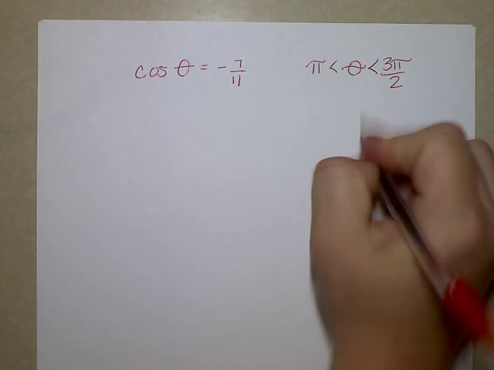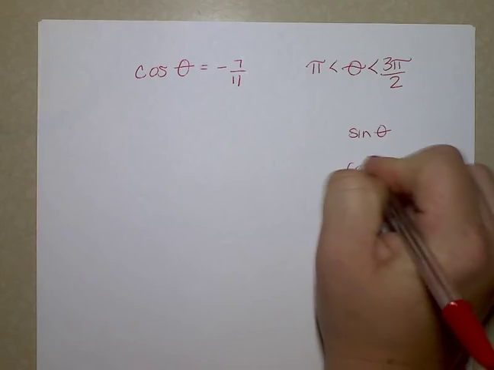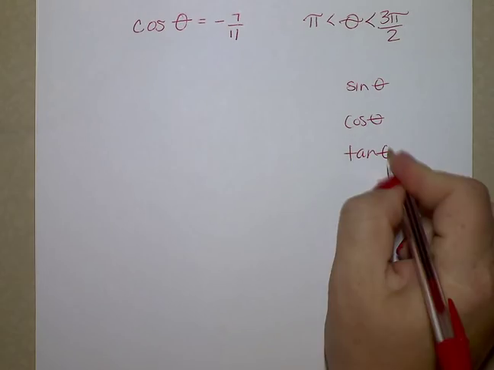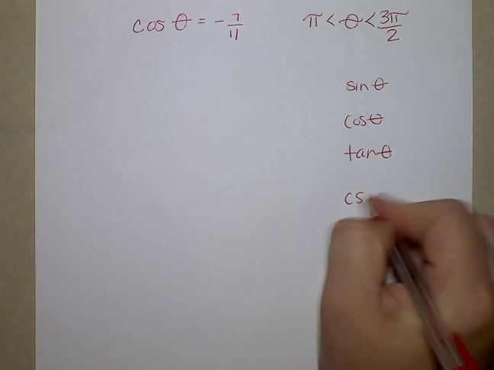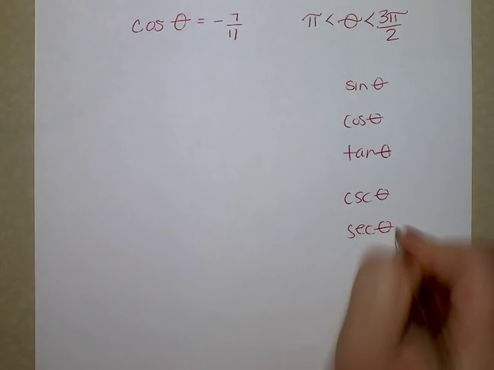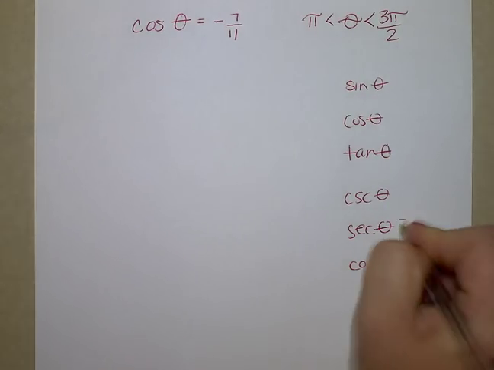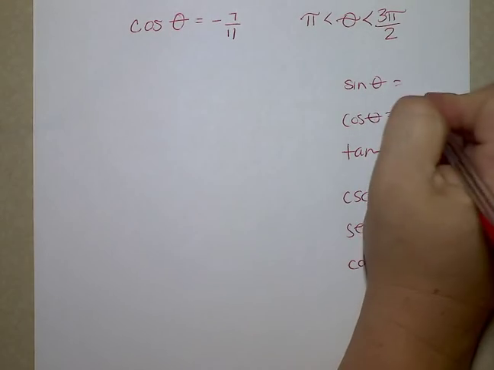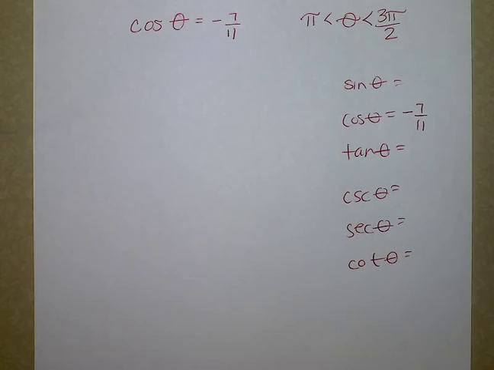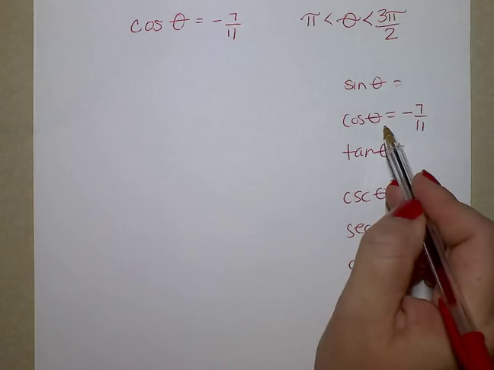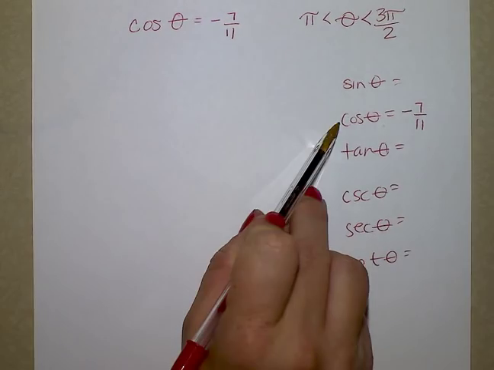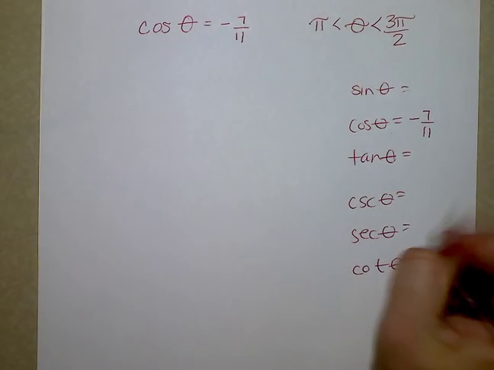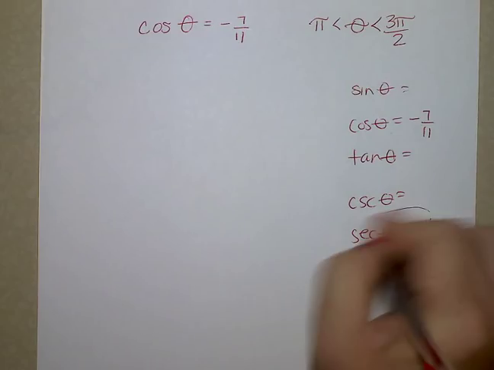I'm going to have to do sine, cosine, tangent, again cosecant, secant, and cotangent. I know the cosine is negative 7 over 11. The easy thing is the reciprocal, secant. When I flip this, I get negative 11 over 7. So I have 2 of the 6 already done.